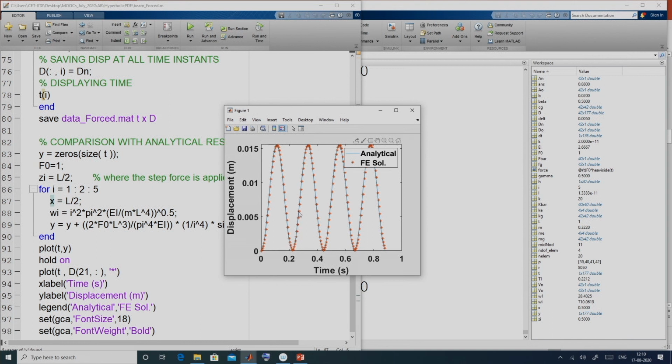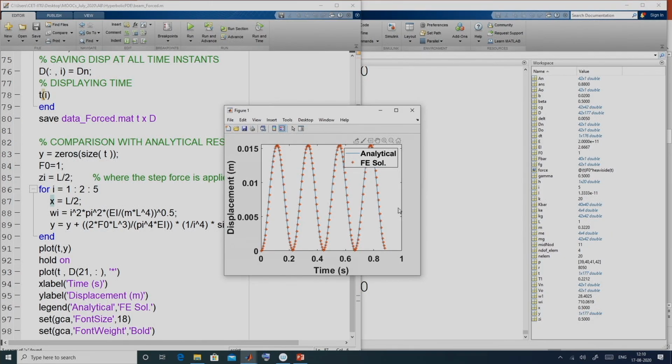So as you see here, you have a system response which is continuously oscillating with the same amplitude, and since there is no damping, the amplitude remains the same. The finite element solution and analytical solution are pretty close to each other, which verifies the method. Thank you.